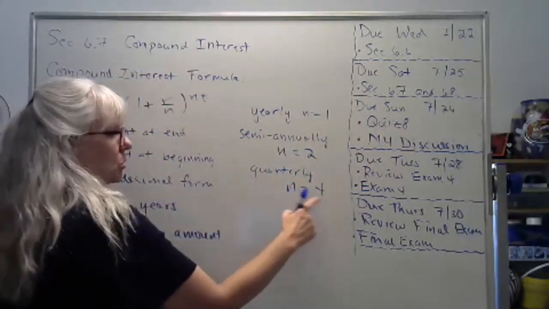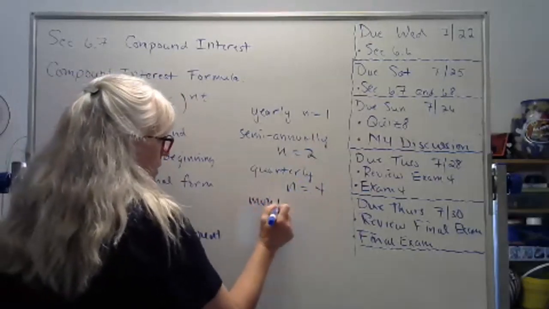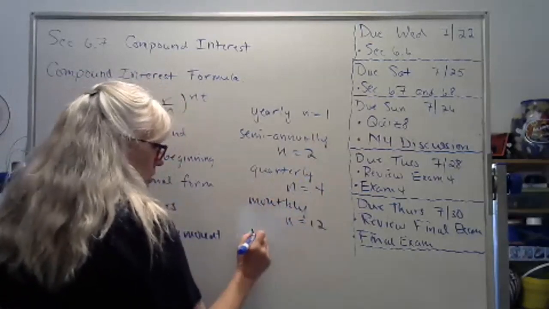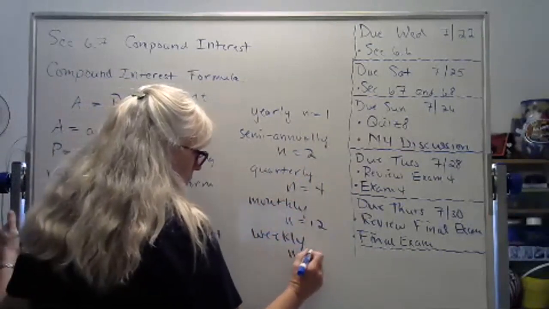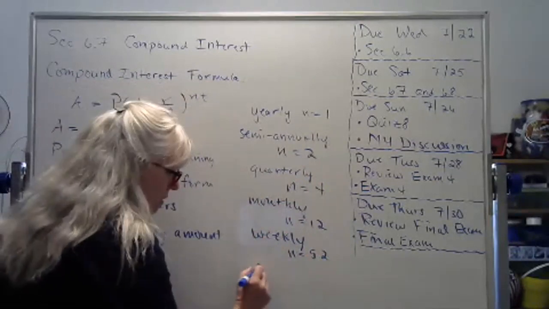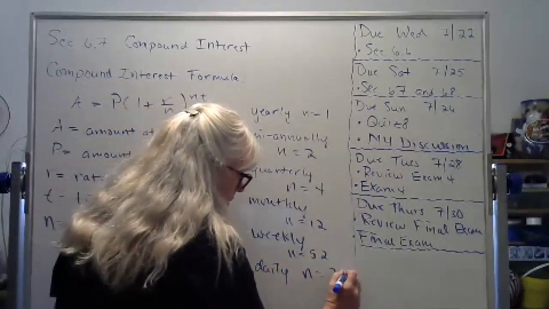So N would be equal to 4. There are always 4 quarters in a whole. Then you would have monthly, and that would be N equal to 12. You could also do weekly. And there are 52 weeks in a year, so N would be equal to 52. And then finally, you can do daily, where N is equal to 365.